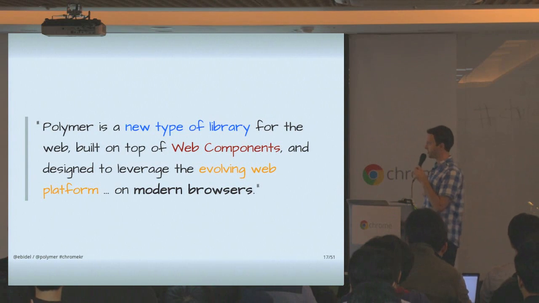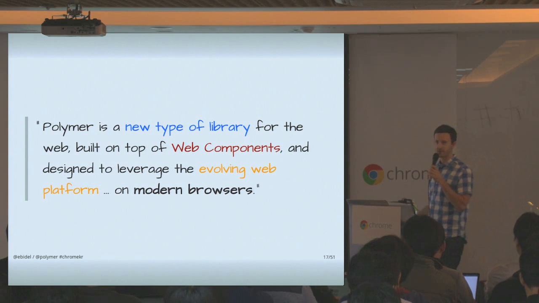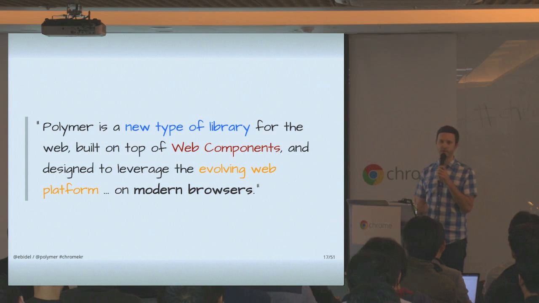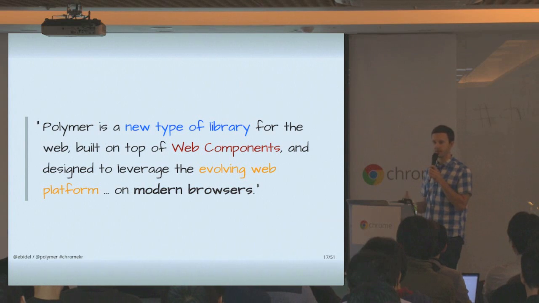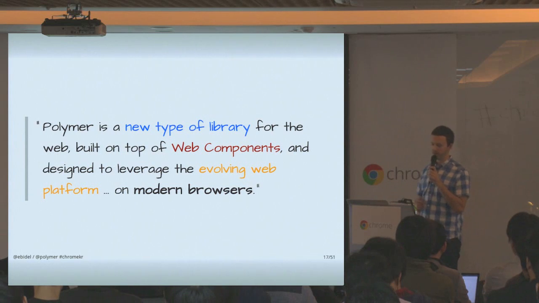My take on Polymer, and its goals, is that it's a new JavaScript library for the web. It's built on top of web components, and the specifications that I talked about before. It's designed to leverage the evolving web platform in modern browsers.